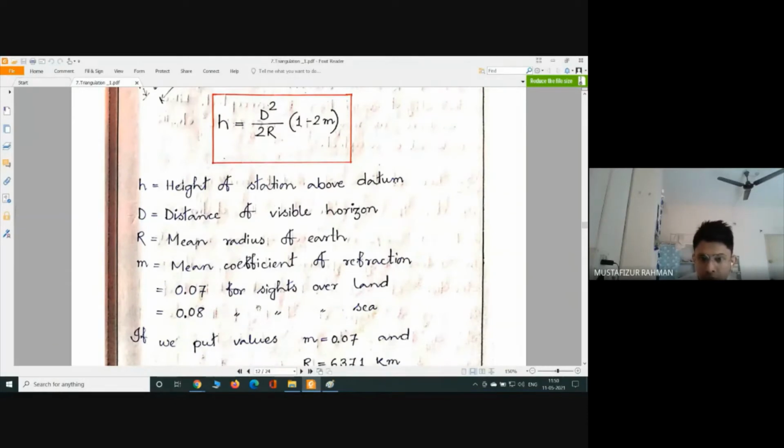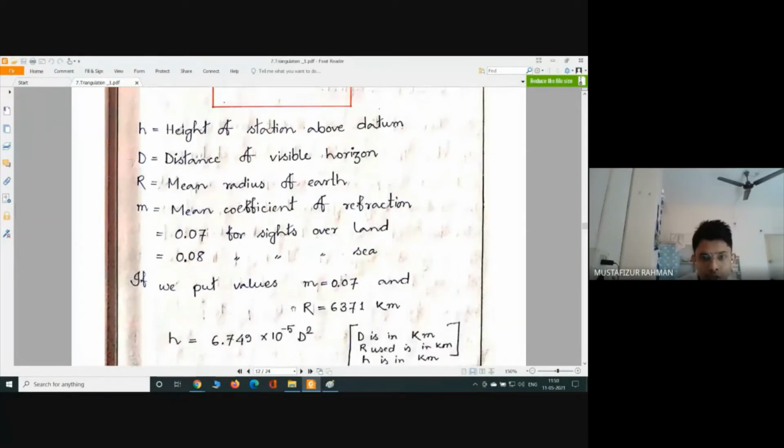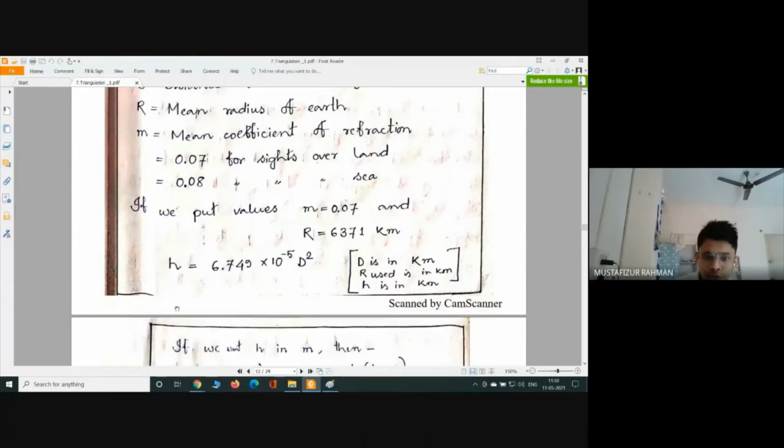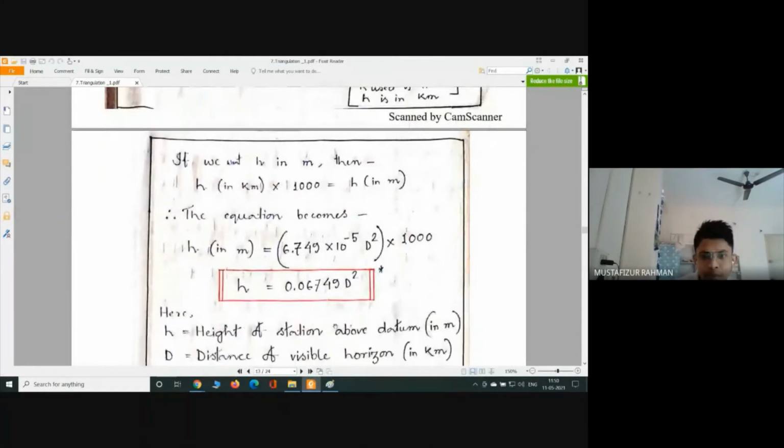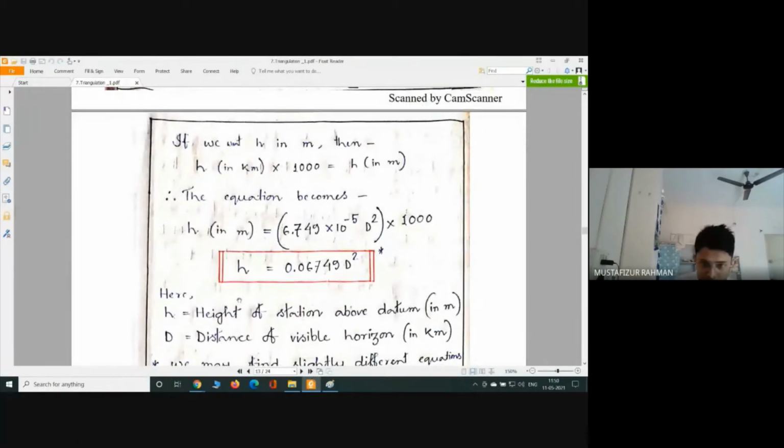There are different values for over land and over sea calculation. If we use m as 0.07 and the radius of Earth as 6371, we find a formula like this. Here h is the elevation and d is the distance of the horizon.